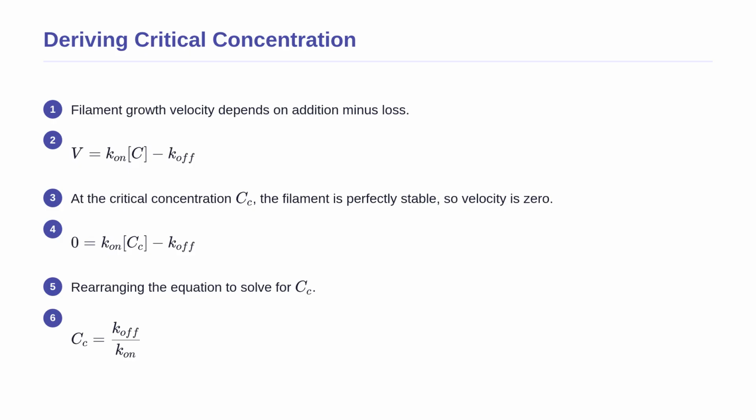To find the point of perfect stability, we set the growth velocity to 0. This is the mathematical definition of dynamic equilibrium. By substituting 0 for V and replacing the general concentration with our critical concentration, we can simply use algebra to rearrange the terms. We move the loss rate to the other side and divide by the attachment rate. This proves exactly why the critical concentration is simply the ratio of the off rate to the on rate.